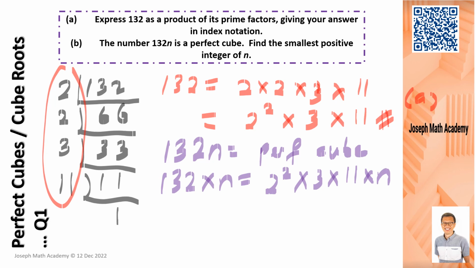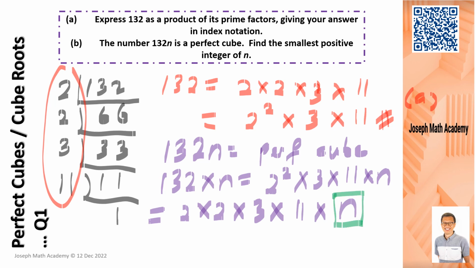I'm going to rewrite this index notation by expanding it, so it becomes more visible. What should the value of n be so that 132, which is represented by 2 times 2 times 3 times 11, after multiplying by n, gives us a perfect cube? A perfect cube means it must be a set of 3.